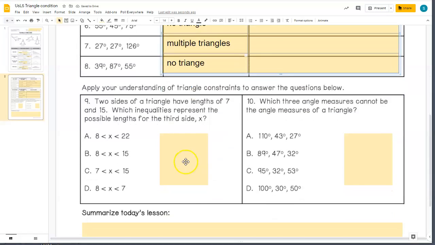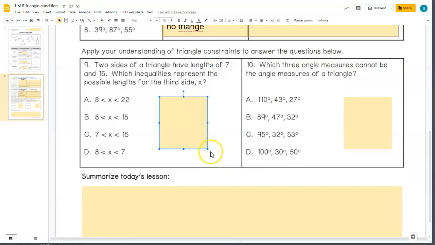Okay? Now, let's look at this one. We'll answer this question here. Two sides of a triangle have lengths 7 and 15. Which inequality represents the possible lengths for the third side?